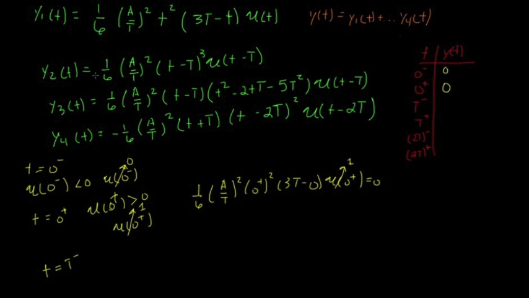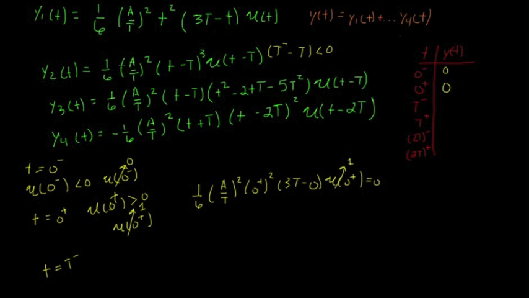But for y2, we would see that t minus capital T, that quantity is less than 0. So y2 does not turn on. y3 does not turn on, and y4 does not turn on.